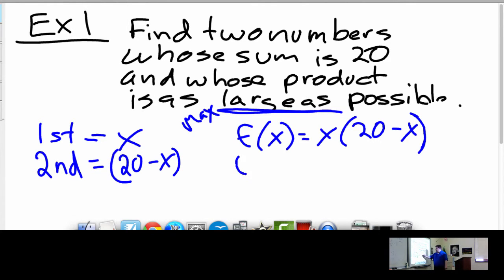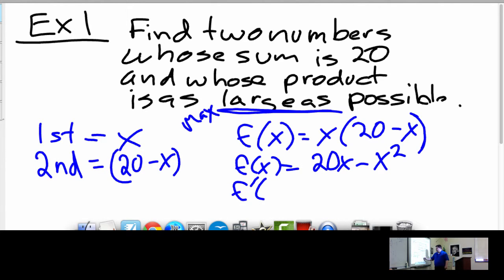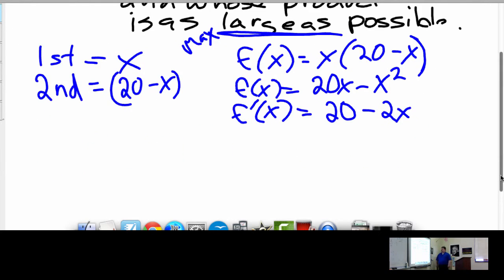Points. So if I rewrite this, I've got f of x is equal to 20x minus x squared. So then f prime of x is equal to 20 minus 2x. Is that right? Yes.